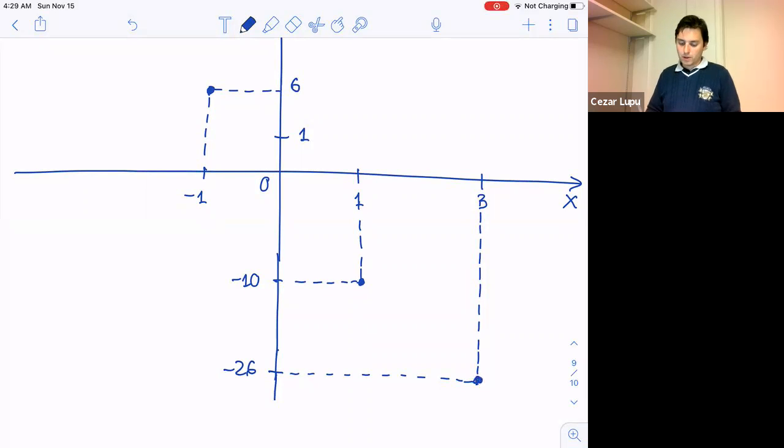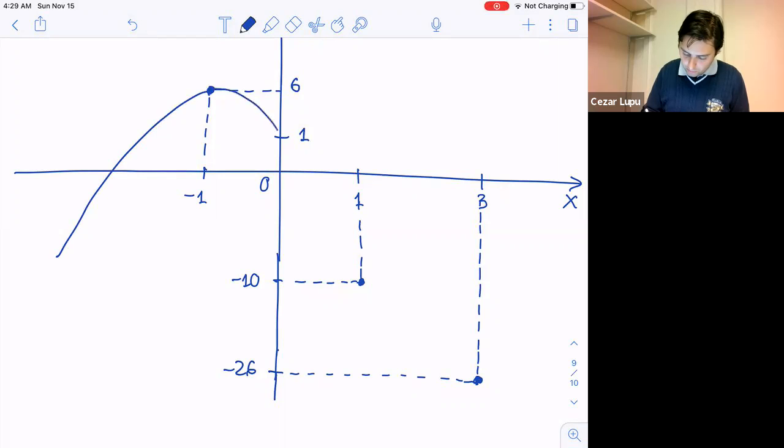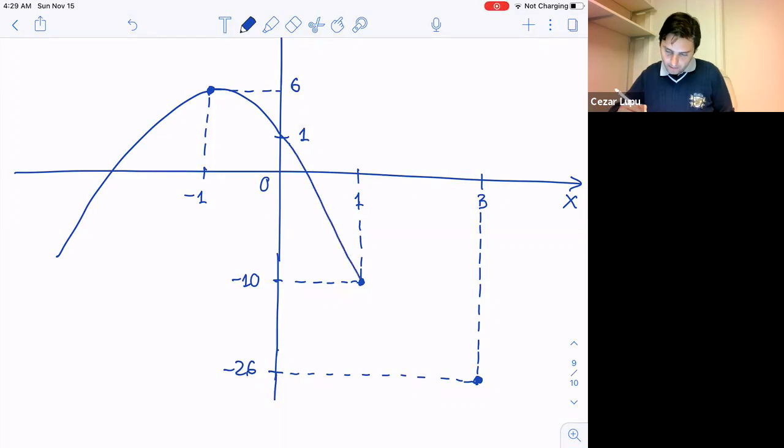All right, so the function will go like this. Let me draw the function first. It will go through this point, and then through this here, and then it will intercept this point here, and then it goes here, and then it starts rising like this.